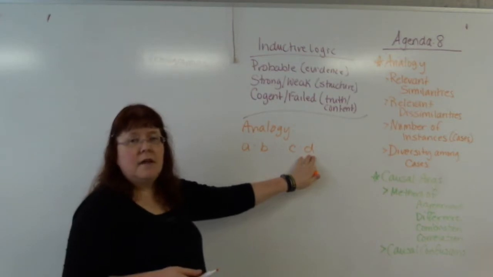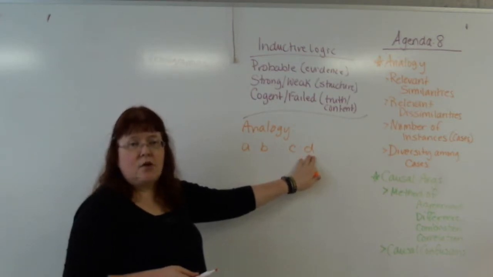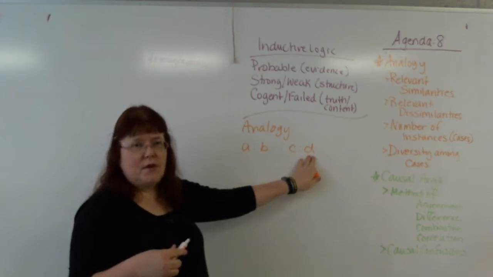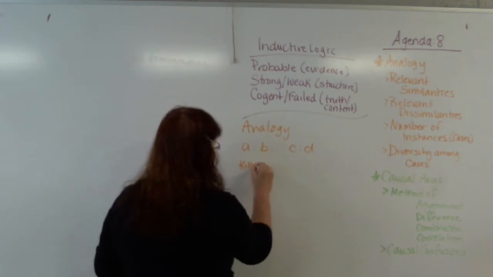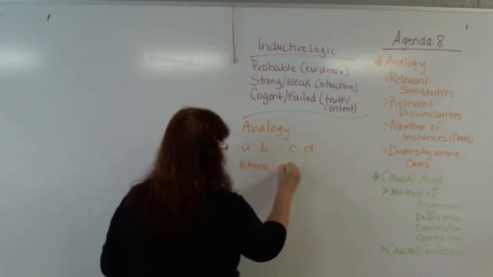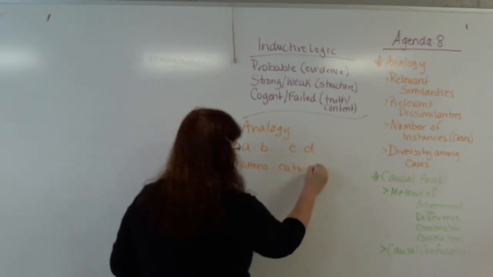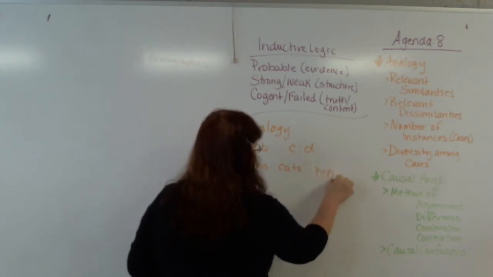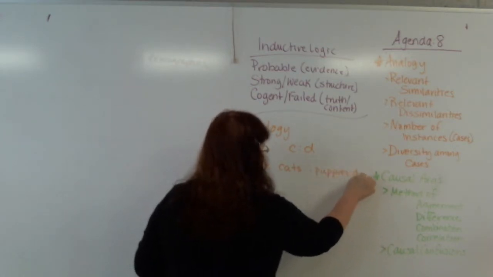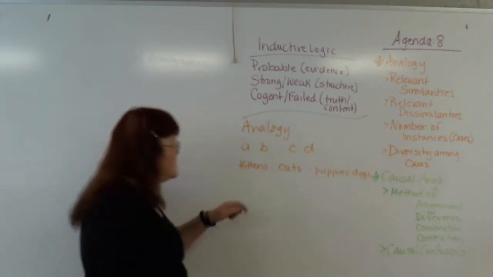Now, lots of folks love these things and they're great at them and they can be very obscure. My brain doesn't work this way very well, okay? So I can get this one if I have kittens are to cats as puppies are to dogs. That makes sense to me.